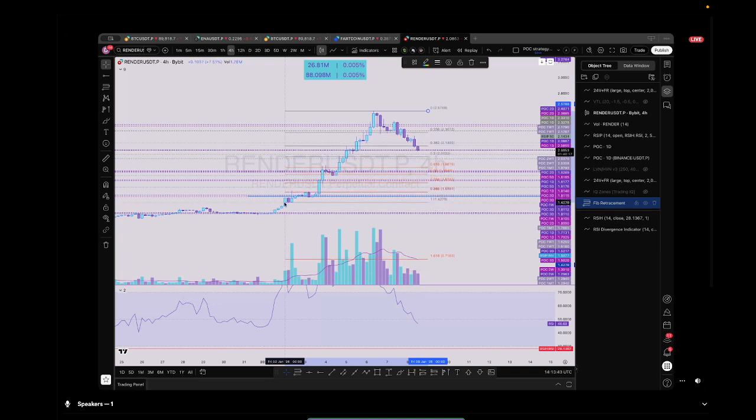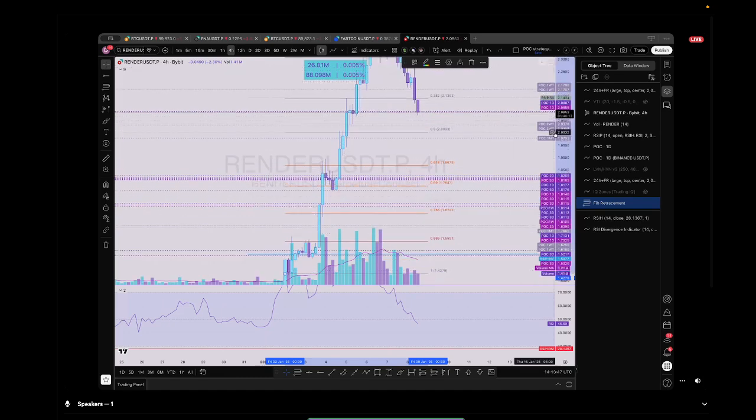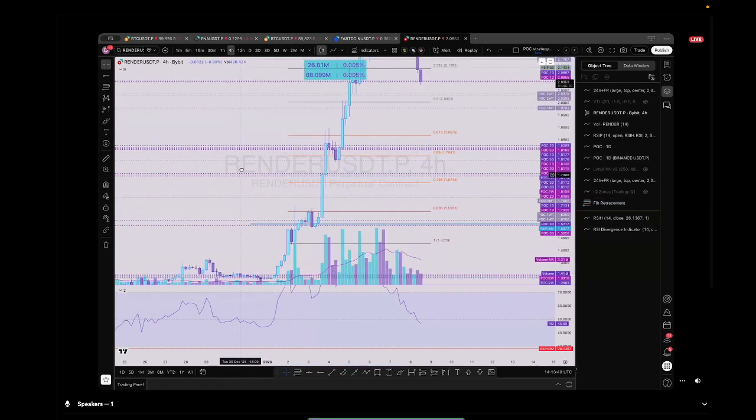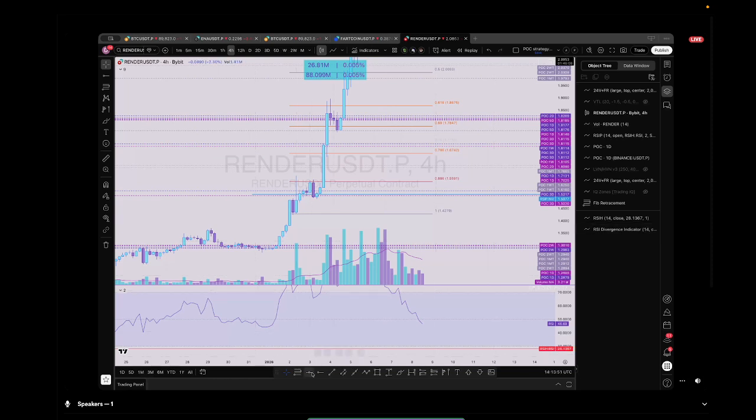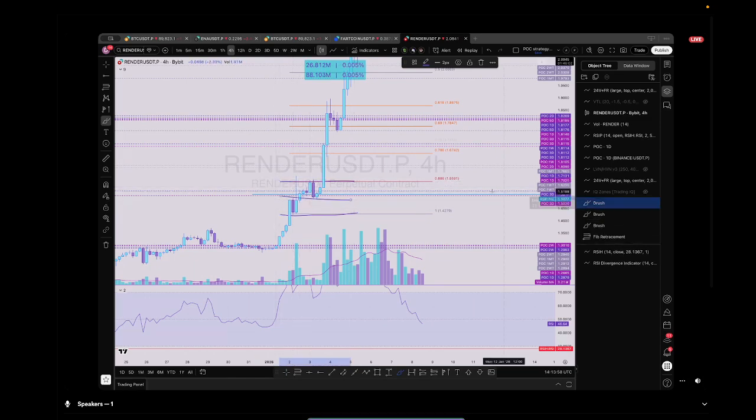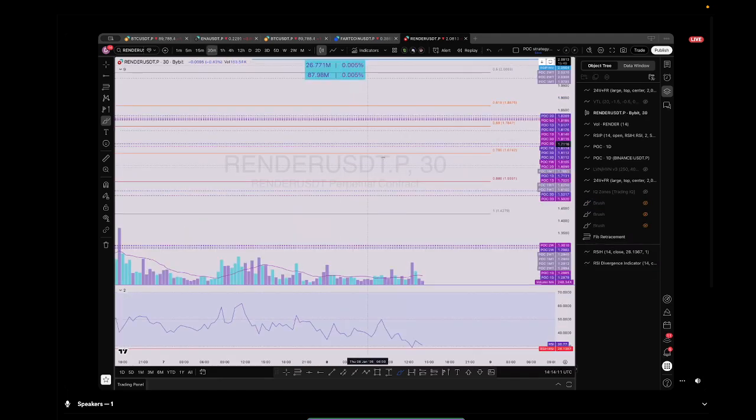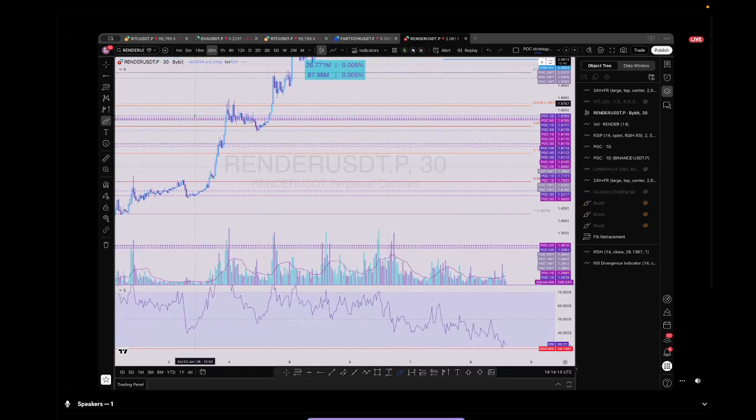So this is also good. To identify a range, you should always have a low, a high, and a mid. Then you have a range. Here it's like the price just going up and down. It's not really making a range. If you go on the 30 minutes, it's a range for sure, as you can see.